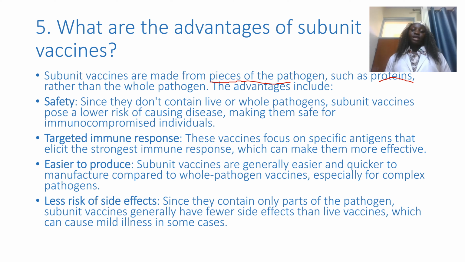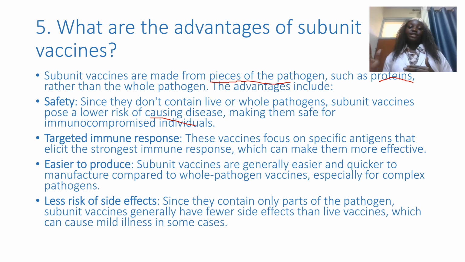Since they don't contain live or whole pathogen, subunit vaccines pose a lower risk of causing disease, making them safer for immunocompromised individuals. Then, targeted immune response. These vaccines focus on specific antigens that elicit the strongest immune response, which can make them more effective.